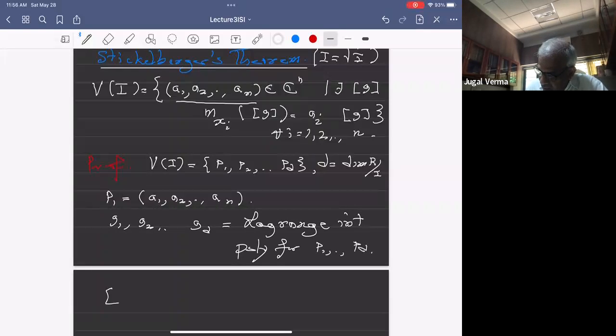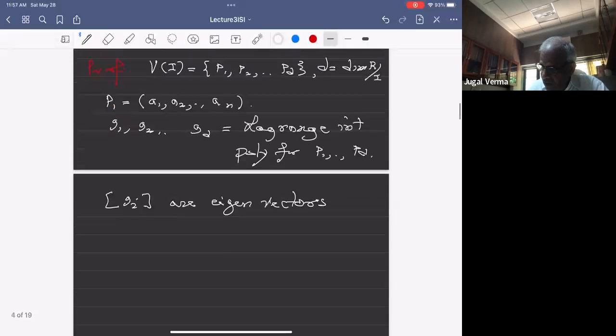And we know that these are common eigenvectors. These are eigenvectors of any multiplication operator M_g. So in particular, they are all eigenvectors of M_x1, M_x2, ..., M_xn also.